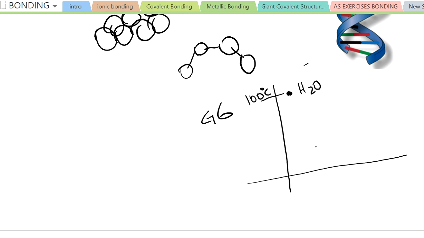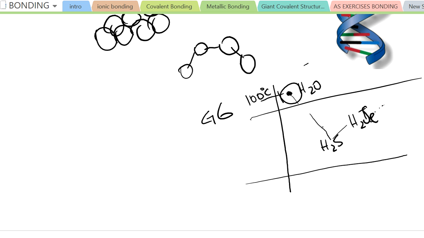But then you have the hydrogen sulfide, which is H2S, is going to be much lower. And then you have hydrogen selenide, and then hydrogen telluride, yes? Okay, so this one is much higher than the other ones. Why is that? Hydrogen bond.